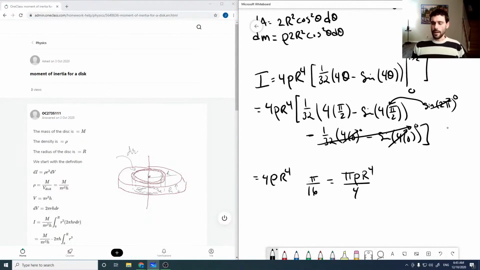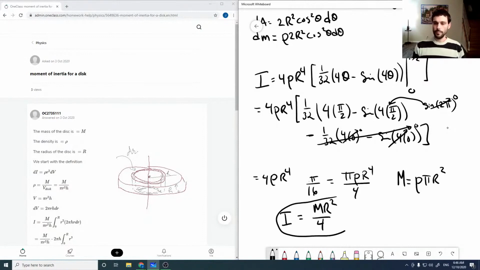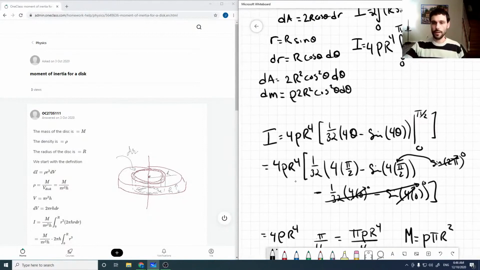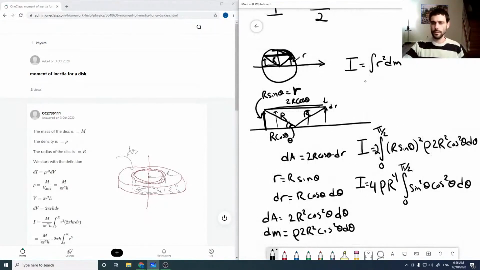Okay, there. And then our full mass is defined as rho pi r squared. So then now our moment of inertia is m r squared over 4. Alright. So that's for an axis which passes through the center of the disk and is in the plane of the disk.